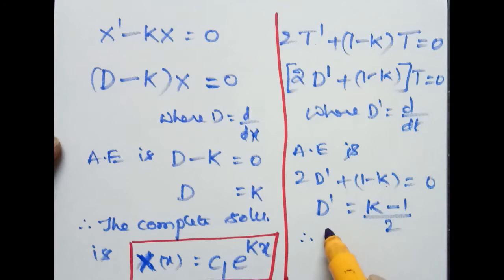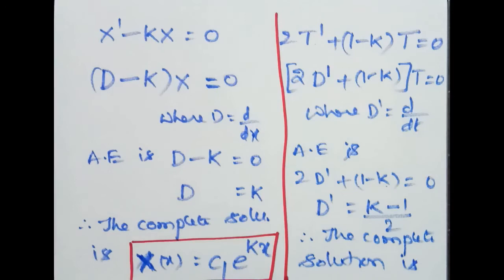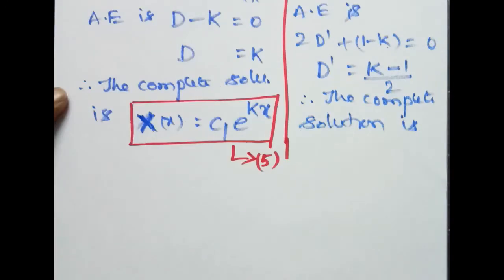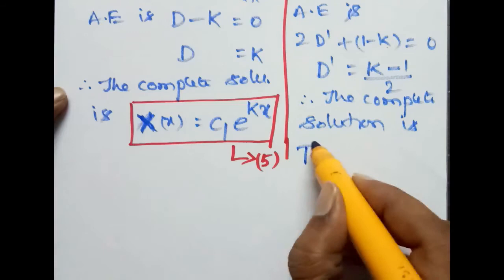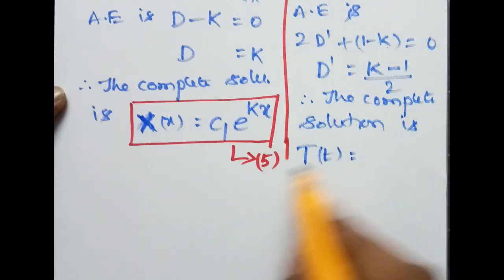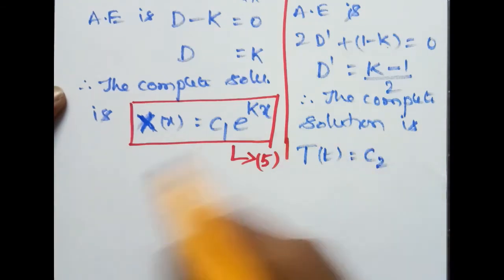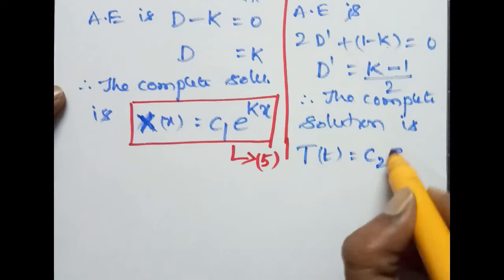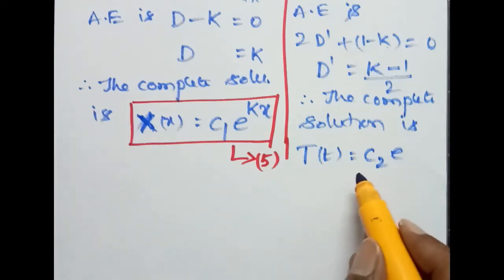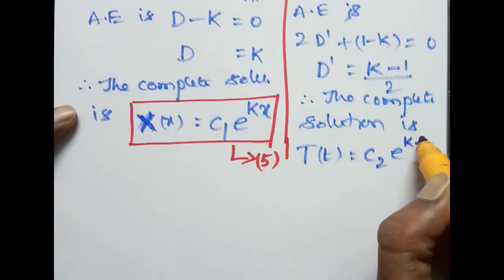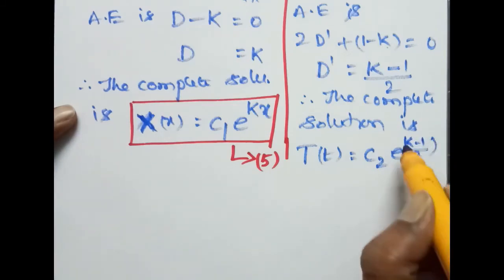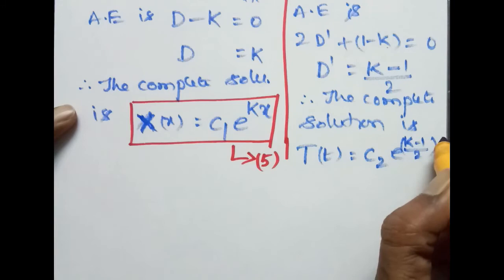Therefore the complete solution is capital T of t equal to c2, since we already used the arbitrary constant c1, into e to the power of k minus 1 by 2 into t.